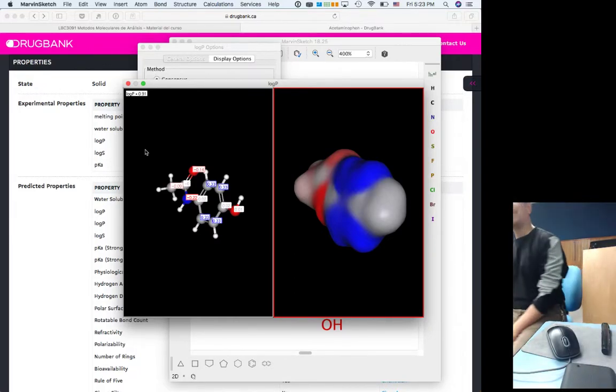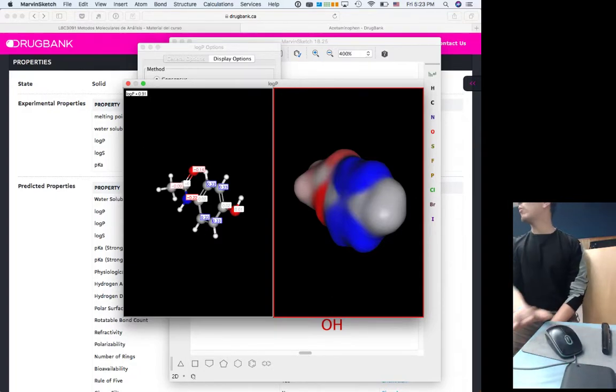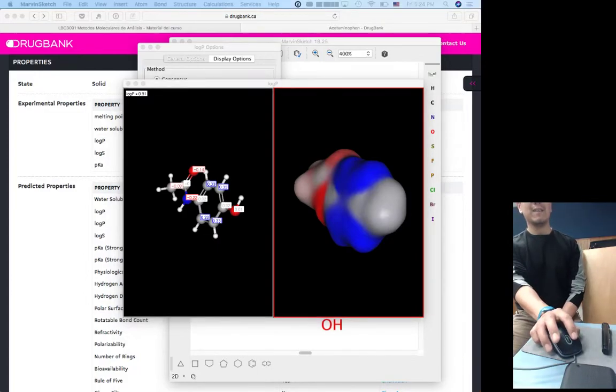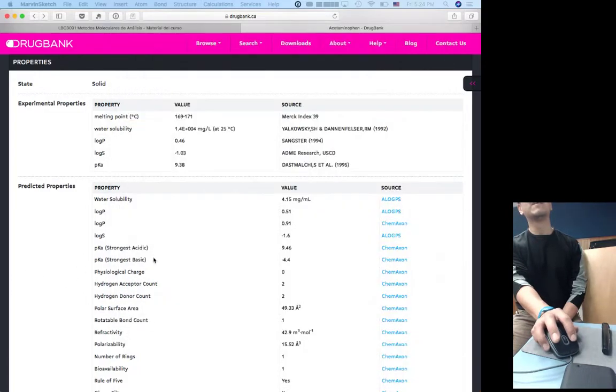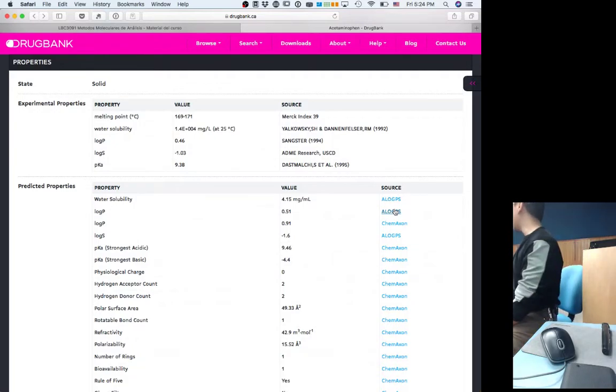Yes, there were two log Ps. Yeah, the other one was calculated by another program, ALogPS, which is just another algorithm.